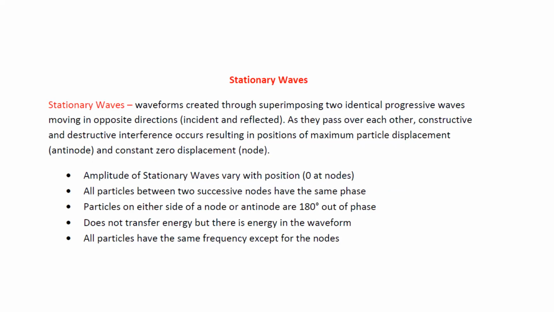A wave which is formed by the combination of two or more waves traveling in opposite directions. For example, one wave is moving towards the right hand side and the other wave is moving towards the left hand side.